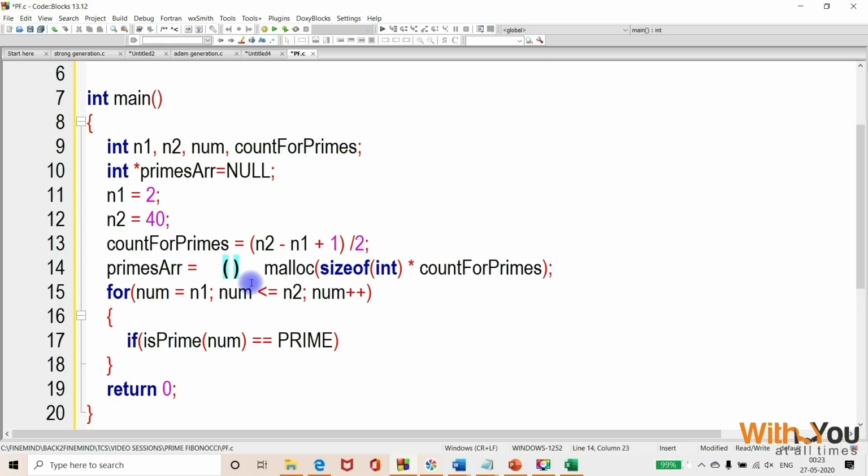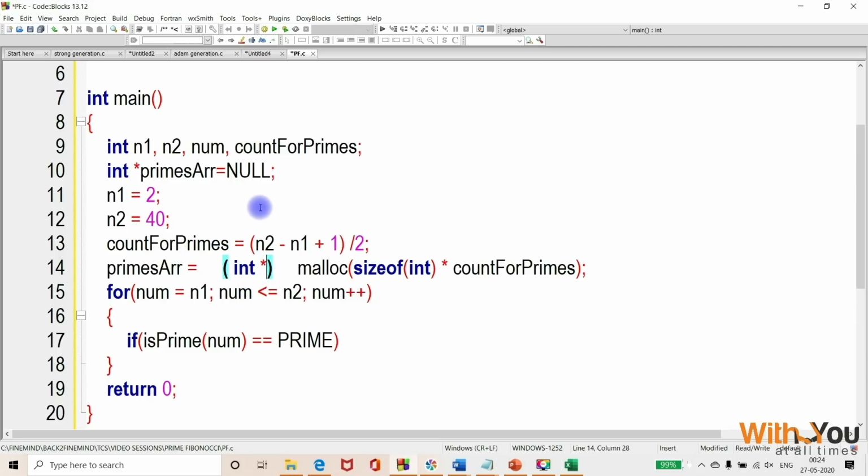I understand that, because I am the one buying memory. I am the one who would know what is going to be stored there. So what is primesARR going to store? Integer. So make it an int type address. That's cool.